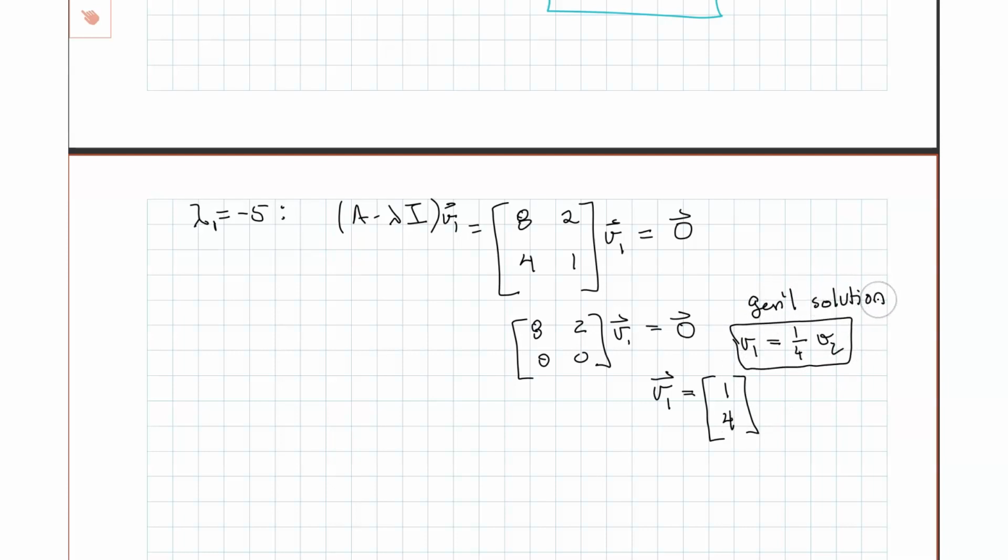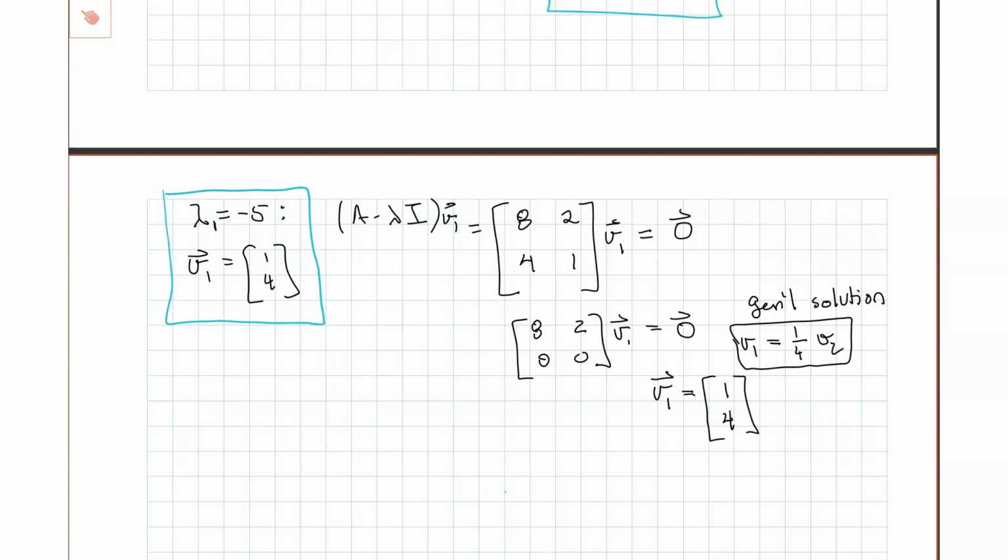So that's the general solution to the homogeneous system. We just have to pick any vector that's pointed in that direction. So I will pick v1 equal to (1, 4). And now I have my eigenvector that's associated with eigenvalue -5.